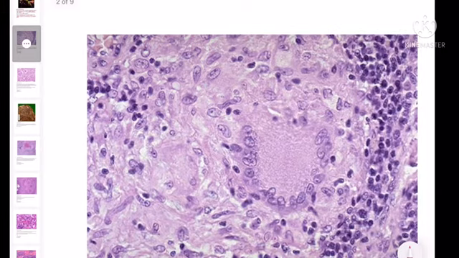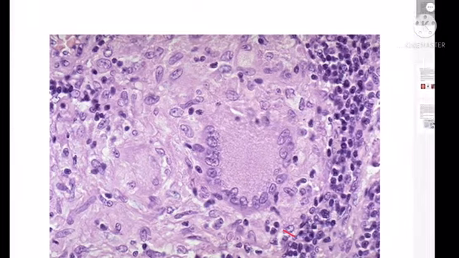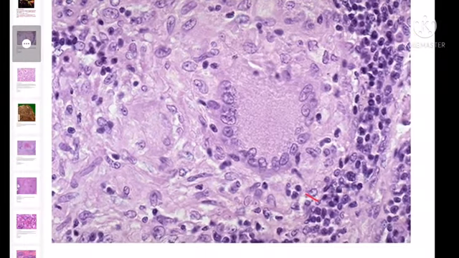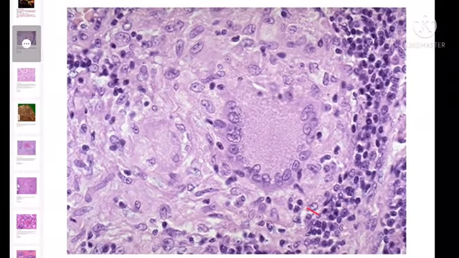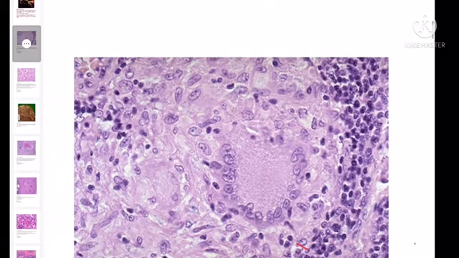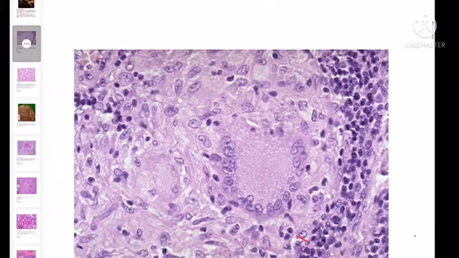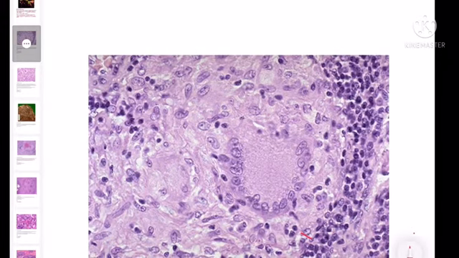Now moving toward our today's main topic, that is different types of giant cell. So before the types, you must have an idea about the giant cell. What are the giant cells? So whenever there is chronic inflammation, then it is difficult for the immune cells to remove the bacteria.